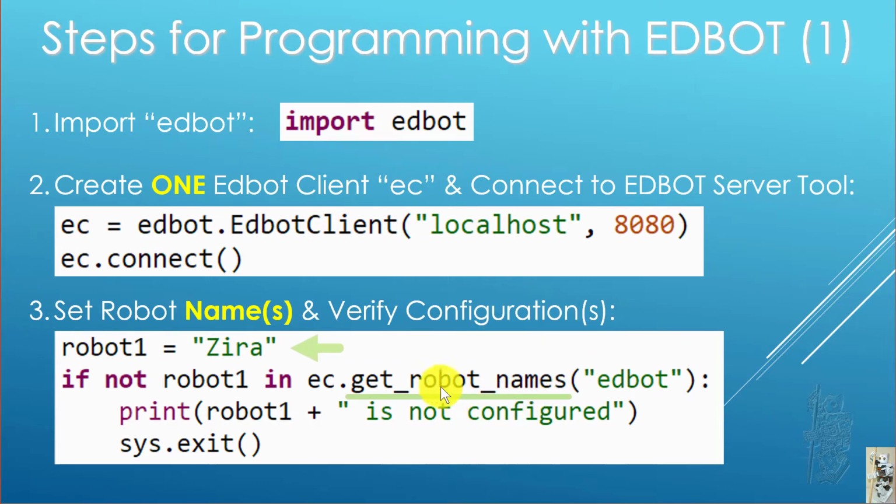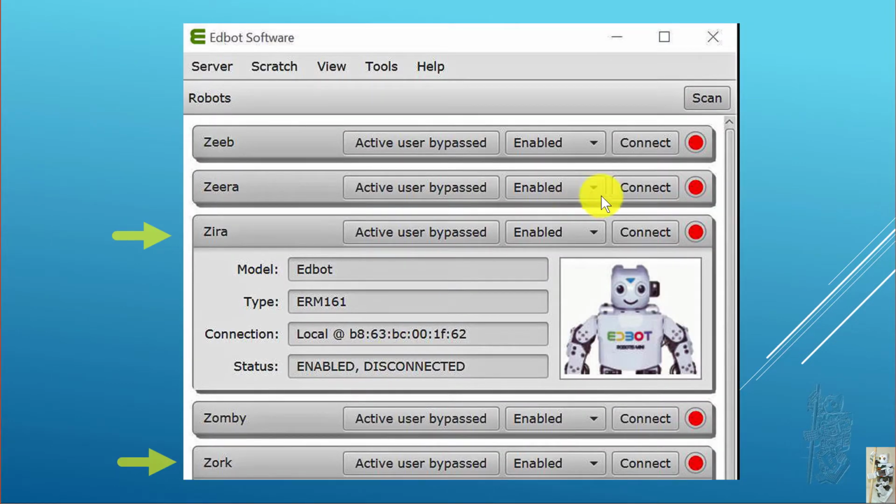Then you check the Zira string against the configuration you've done for the type Edbot, and if something is wrong, we set up a system exit. Hopefully you configured it correctly in the Edbot software you bought, or when you get hold of it.